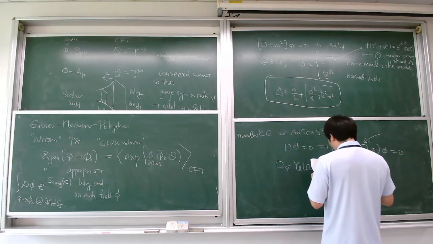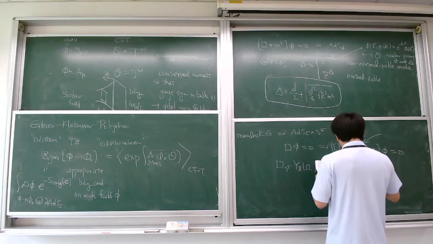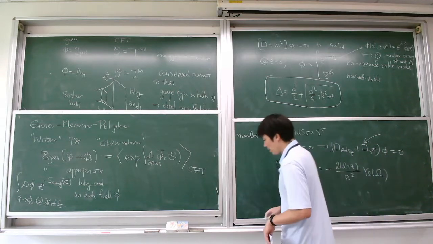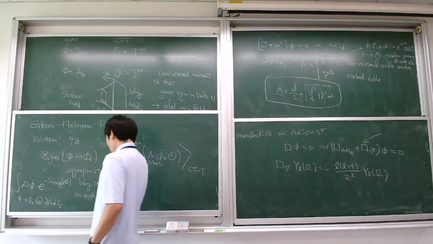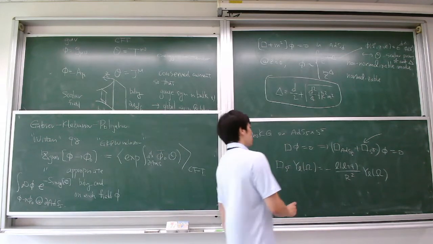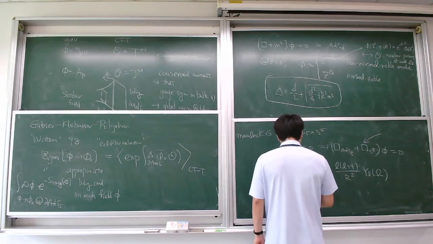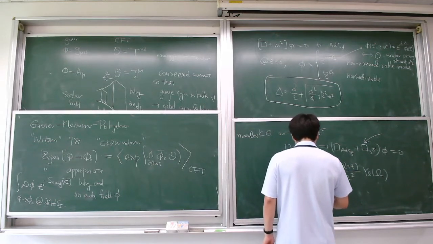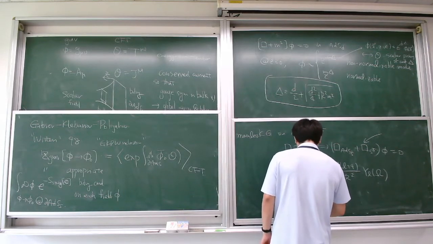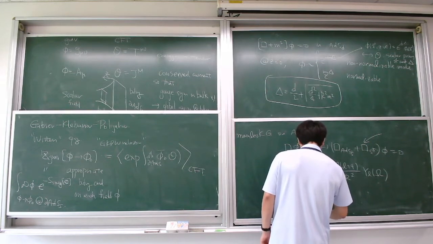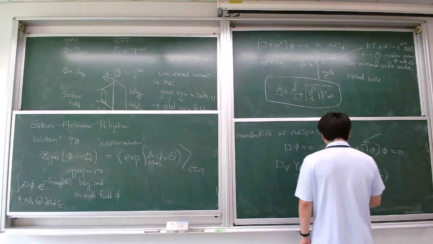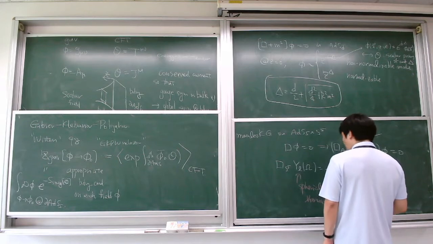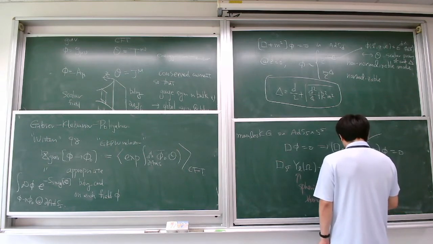So this is called spherical harmonics, and this is the eigenvalue of the Laplacian on S5.